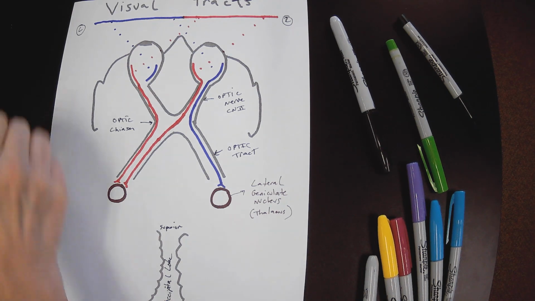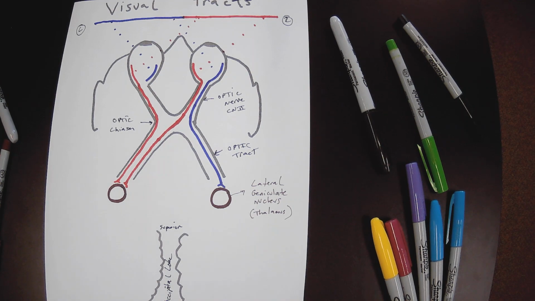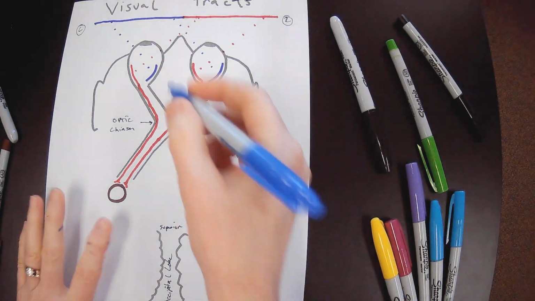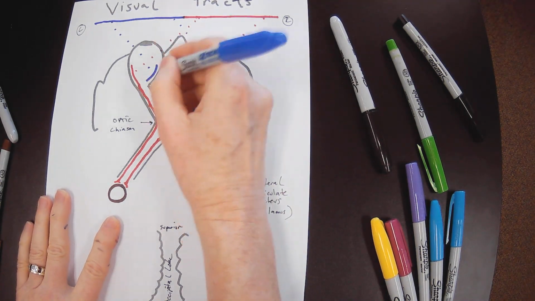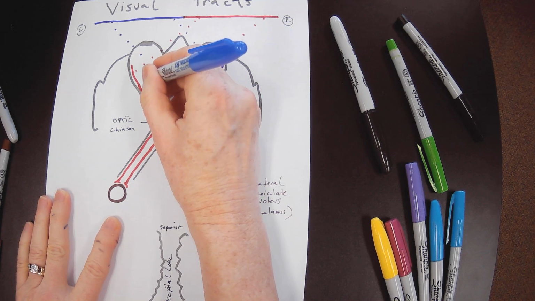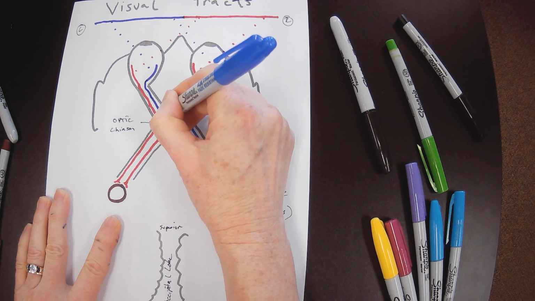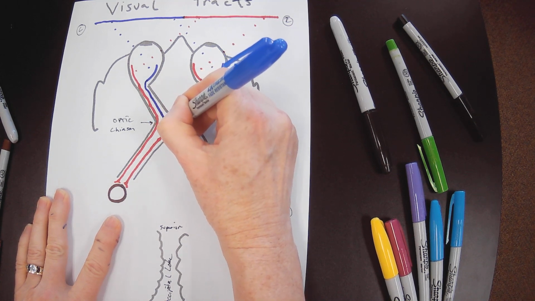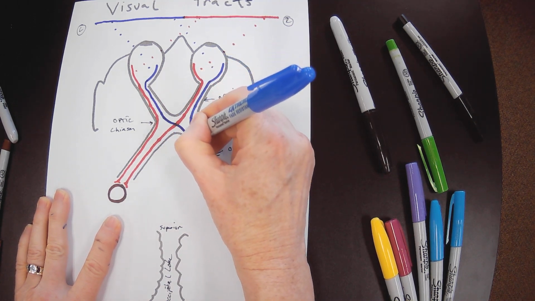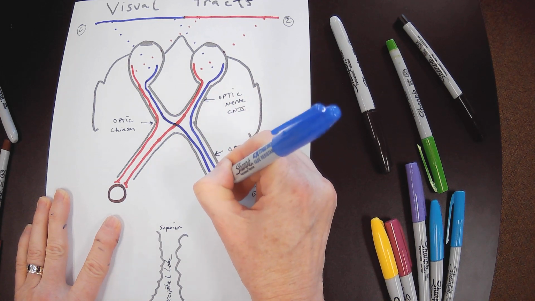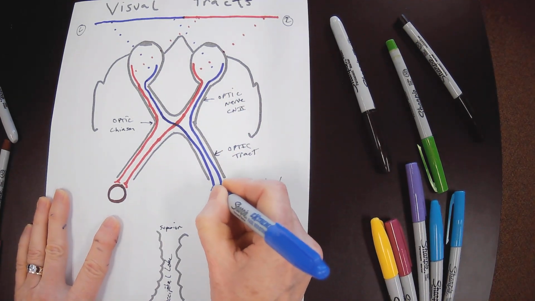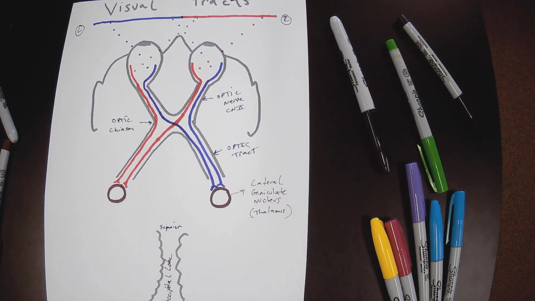Okay, so same thing's going to happen with the nasal retina from the left eye. Comes down through the optic nerve, gets to the optic chiasm and crosses over to the other side and synapses with the contralateral lateral geniculate nucleus.